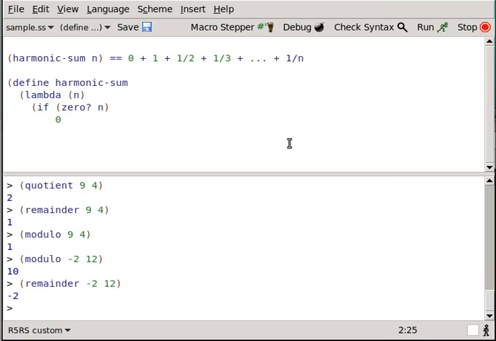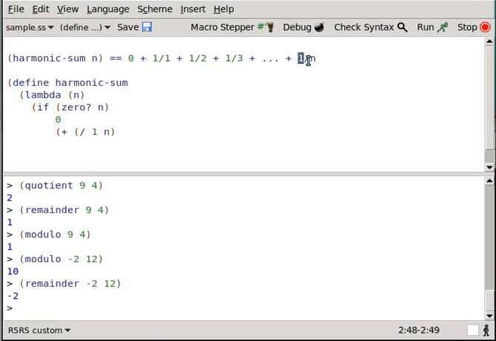Otherwise, well, let's look at this. This is like 1 divided by 1. That's a little more clear. So otherwise we'll do plus of 1 divided by n.